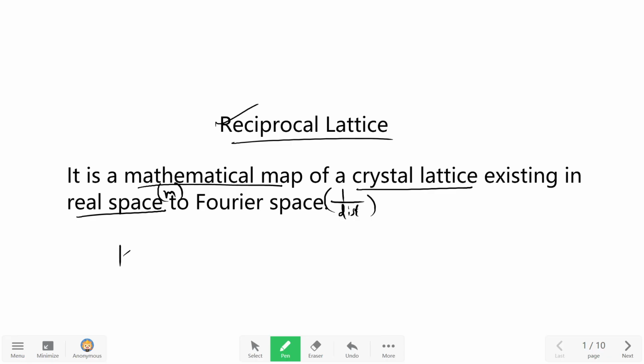Now, you can see that the wave vector k is equal to 2 pi by lambda, and this is also in 1 by meters. So, a lot of things, especially when we discuss diffraction, are simplified when we use reciprocal space. And that's why this mapping is important.